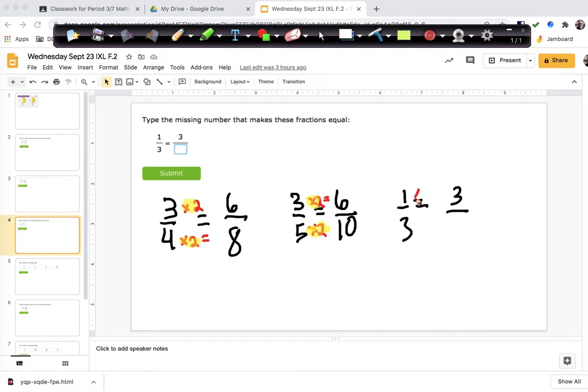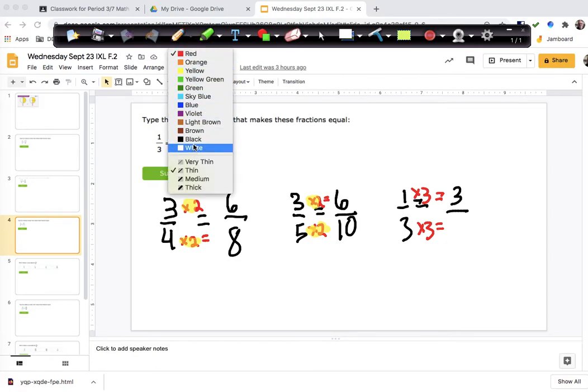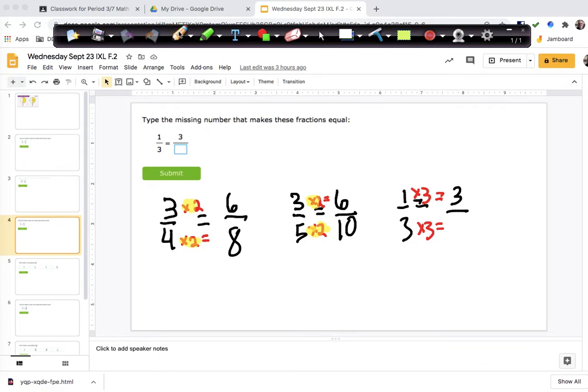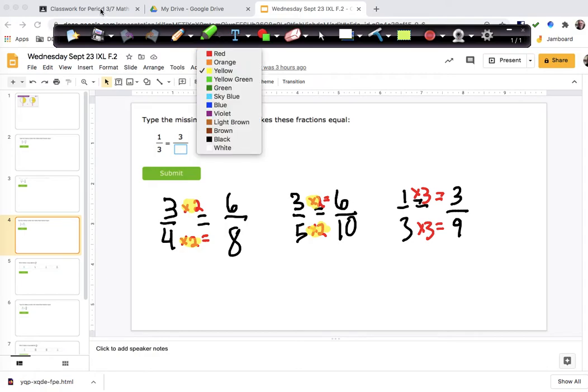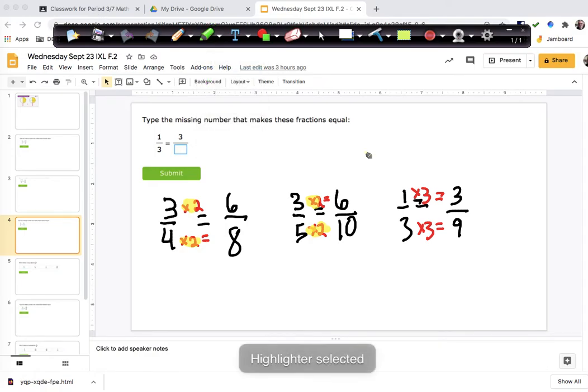One times 3 equals 3, so we have to do the same thing here. 3 times 3 is equal to 9. And again, we're going to highlight that this times 3 is the same for the numerator and the denominator.